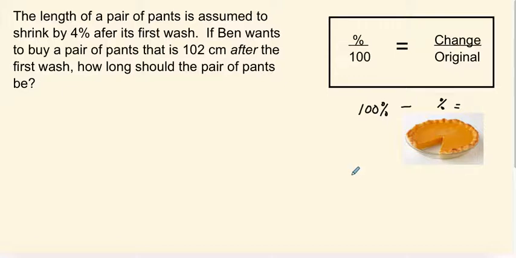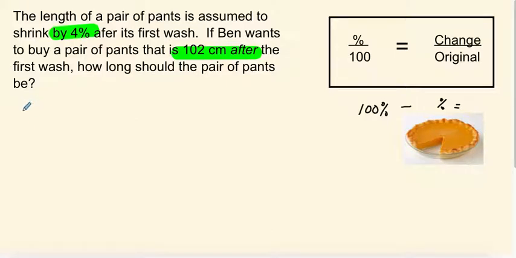Let's take a look at what happens with a decrease problem. So here, take a minute and read it, please. So here, we're shrinking these pants by 4%, or they do shrink by 4% after the wash. And we want them to be 102 centimeters, when we're done, because that's the length we actually want to wear them at. So let's identify what we know.